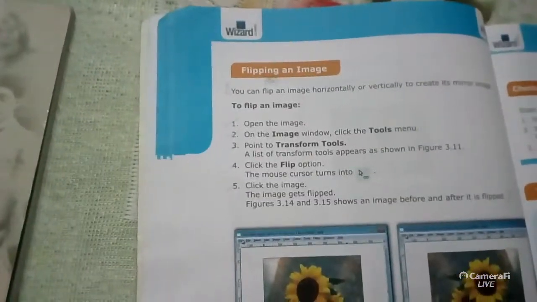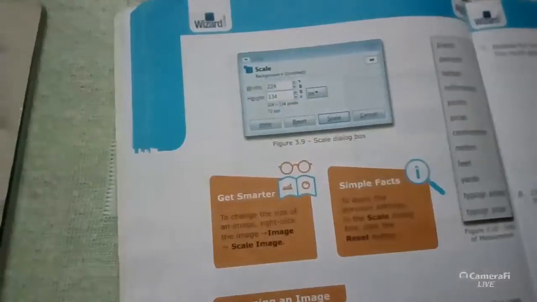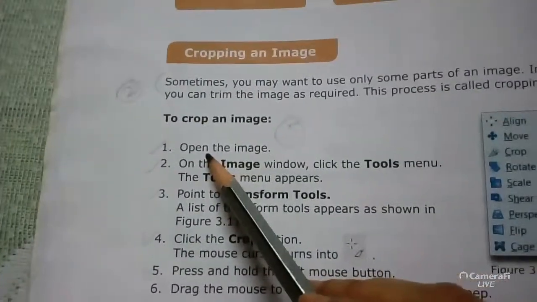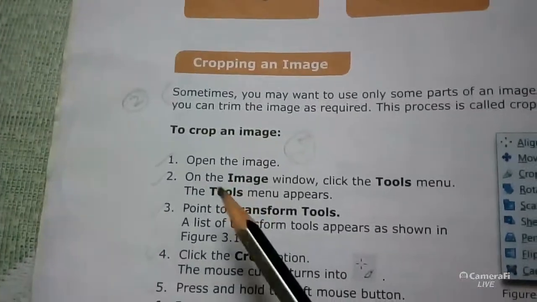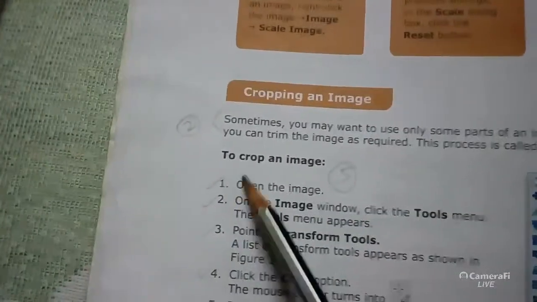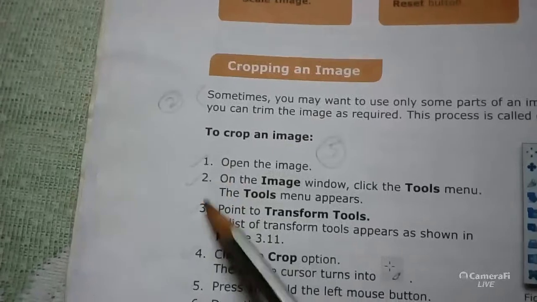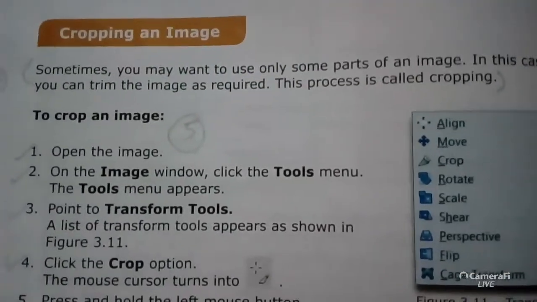And then question number 5. Write the steps to crop an image. Here you have to write what is cropping, and you have to write the steps 1, 2, 3, 4, 5, 6, 7 and 8.